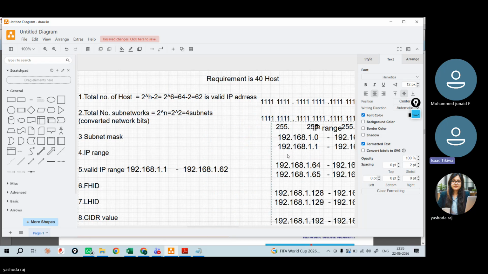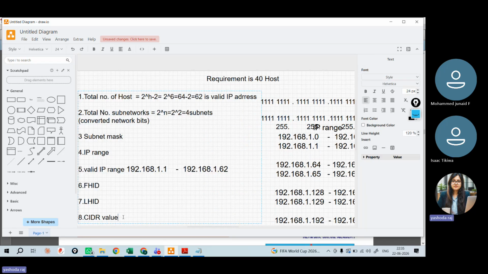Right? So, how many? 24 plus converted bit is how many? How many bits are converted bits here? 2 bits. So, what is the slash value? 26. Yes, CIDR value is /26.